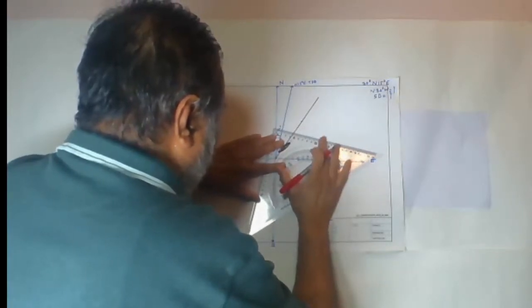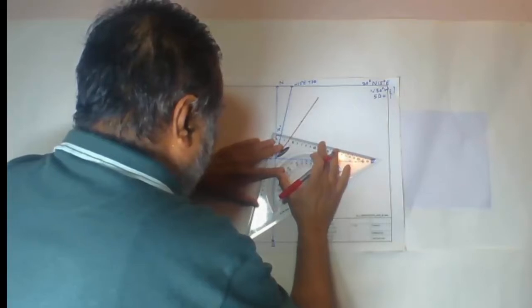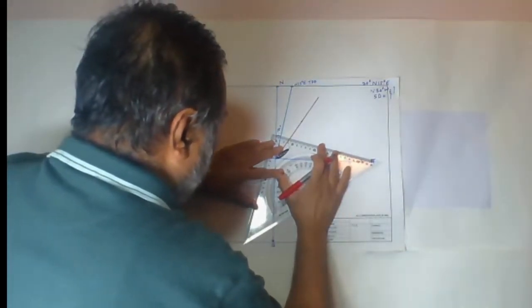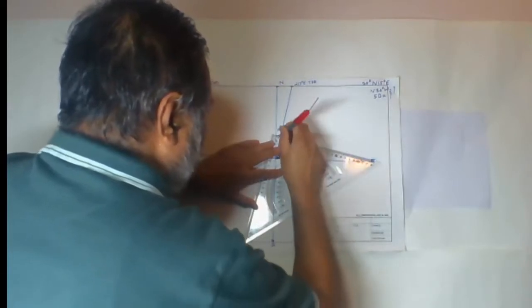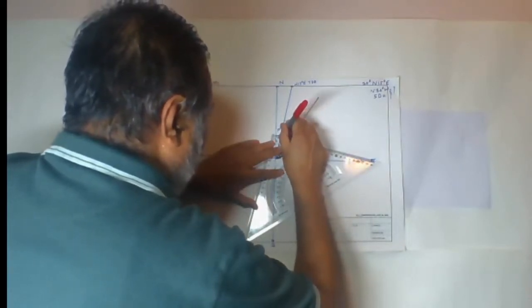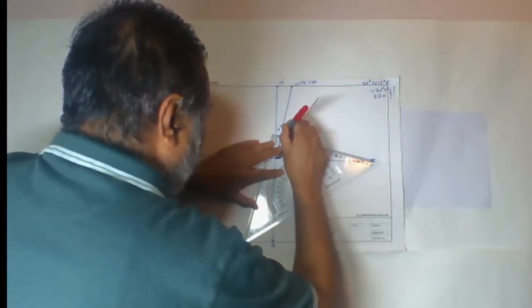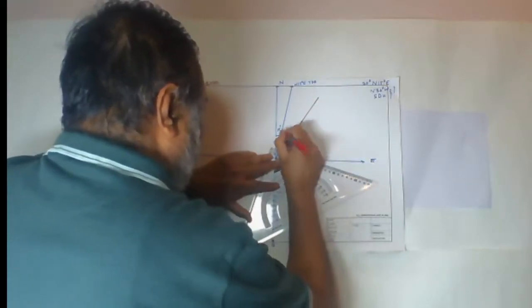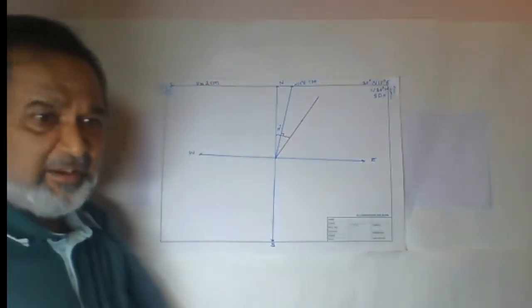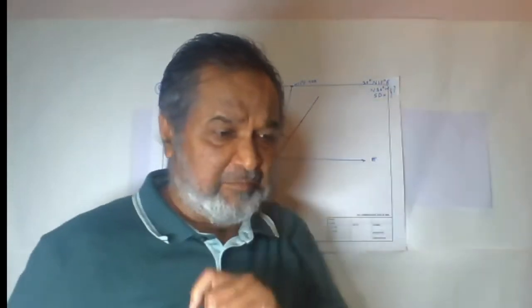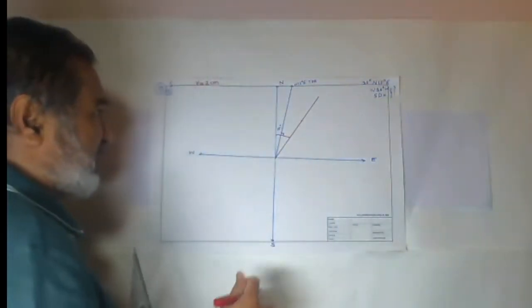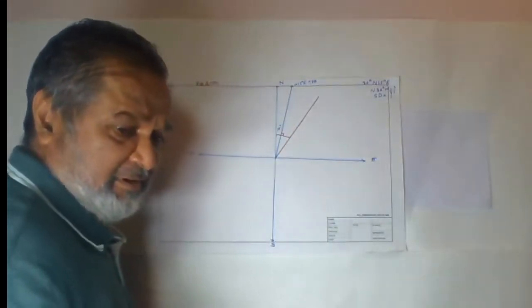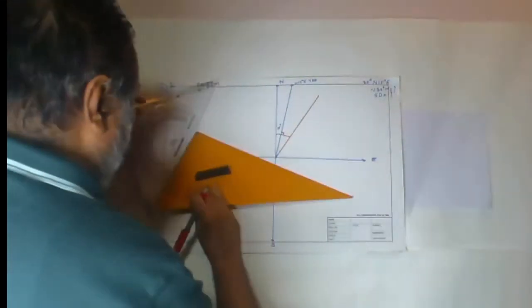It matches, and this point is drawn. You have taken the perpendicular, so you got 1 point here. Clear? That is the V you have taken as 2 centimeters. Now you got this line, and from this line draw a parallel line.